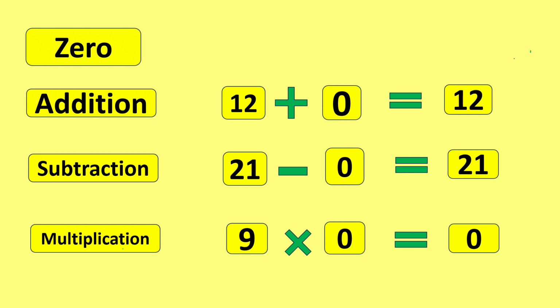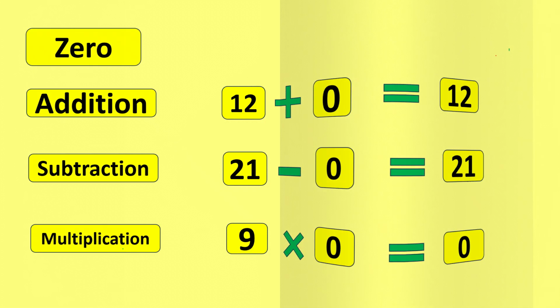Look at the next point, it's about zero. It's again about zero, but the difference between here and there is that here we operate addition with 0 and 0.